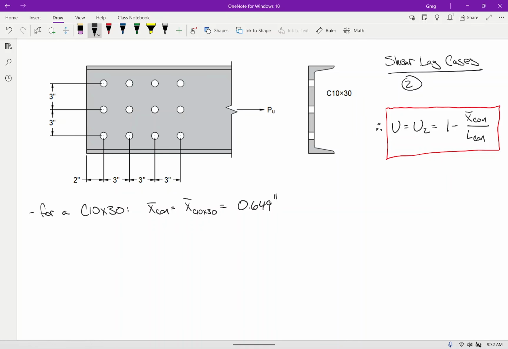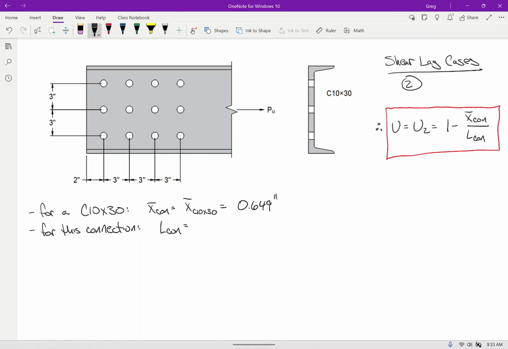Okay. For this connection, what is the connection length? Remind me, what did we define as the connection length? We say center of bolt hole to center of bolt hole.